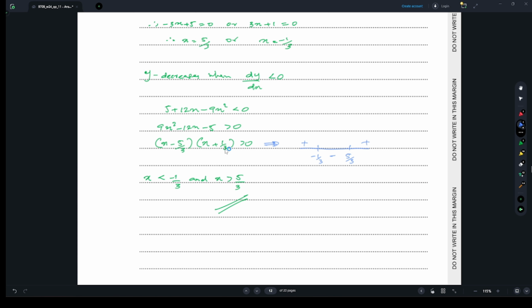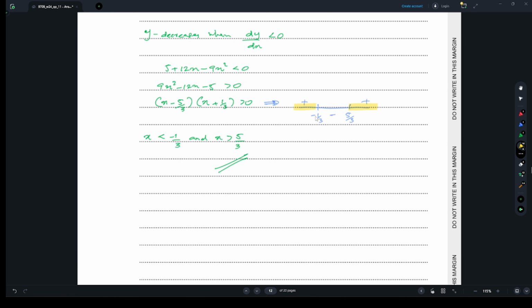So positive times positive, positive. So you need to find the values which are positive because here the multiplication should be greater than 0. It means positive. So you have positive region here, positive region here. So x should be less than minus 1 over 3 or greater than 5 over 3. Okay, so this is the easiest way to do that.